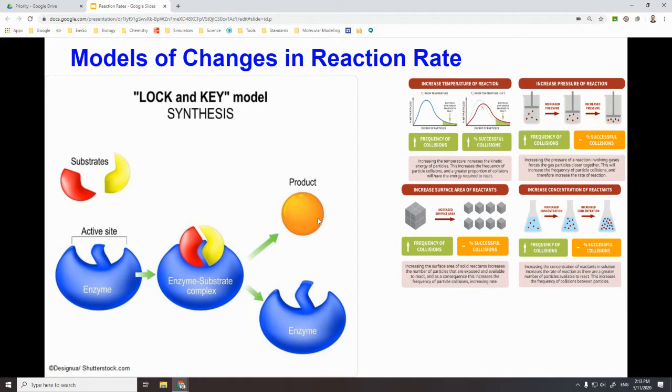You can see if we look at the product, when they fit, they'll make this nice circle shape here. But there's only one orientation that they will fit in that will create that product. So they have to line up in a very specific way. That's part of the collision theory, right? So they have to collide, and they have to collide in a specific direction.